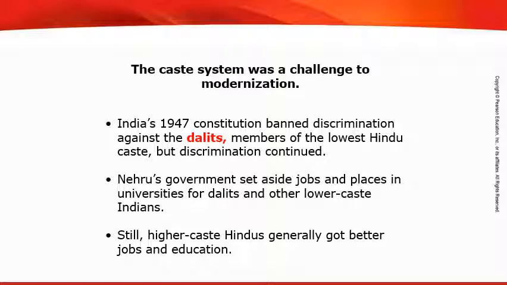They created job quotas for Dalits, reserved seats in universities for Dalits, and housing was similarly improved for them. But still, the higher caste Hindus got better education and better jobs in Indian society. It means that discrimination continued against the Dalits, and to some extent, although illegal, it is still being practiced today.